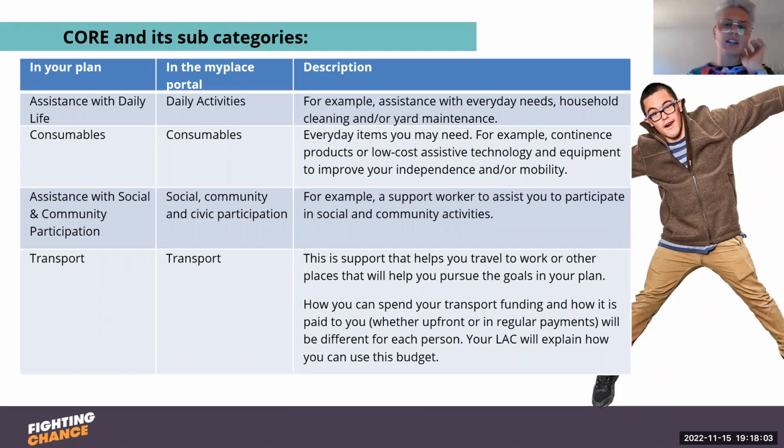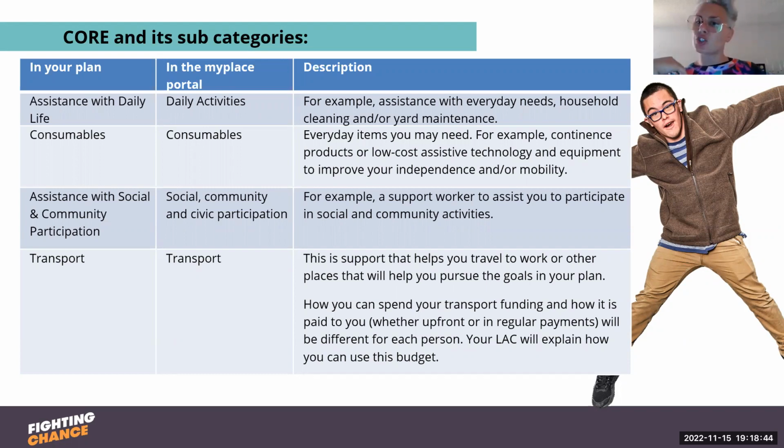And just to break it down, just to explain why there are the subcategories and why it is like that. When a local area coordinator or a delegate or a planner or an early childhood coordinator, whoever's doing your meeting and building your plan, when they are gathering the information and then building the plan, they need to build in the line items and the cost and the hours, and then they need to provide a clear justification as to why they feel it is reasonable and necessary.